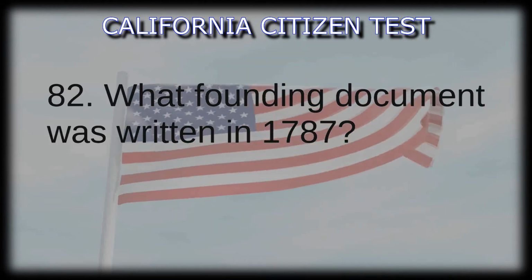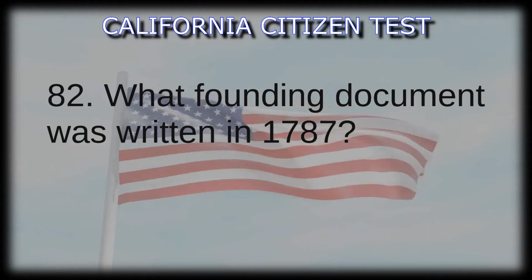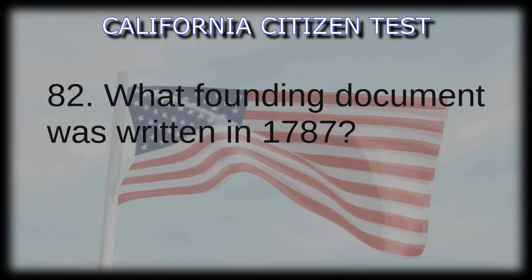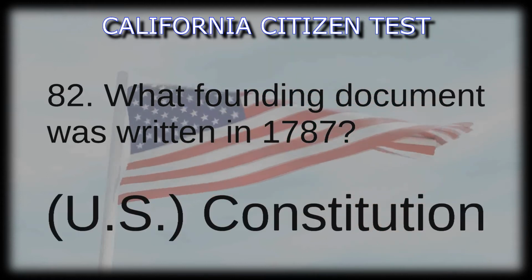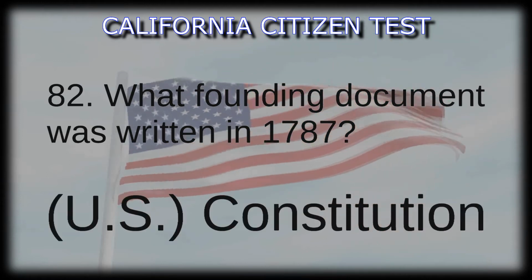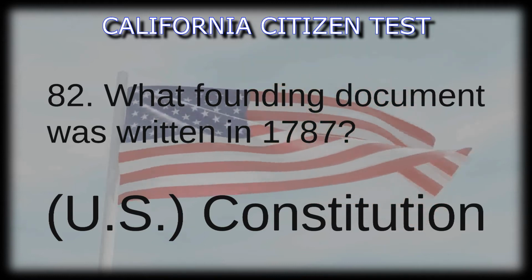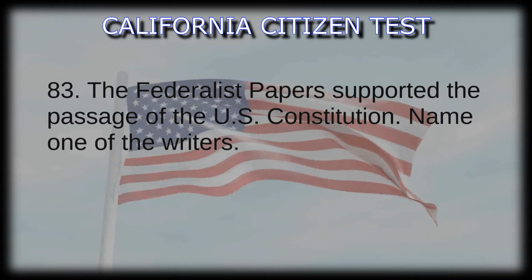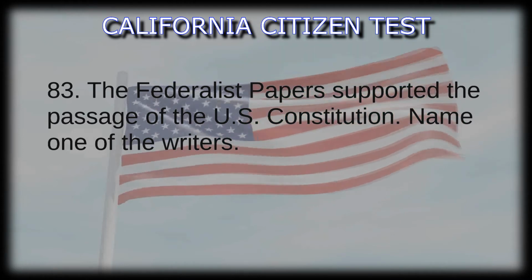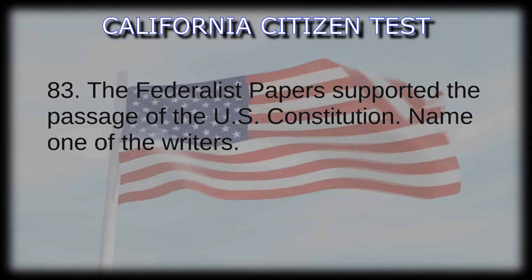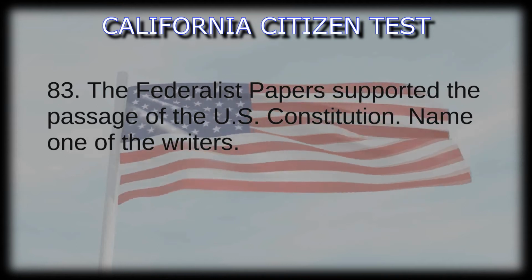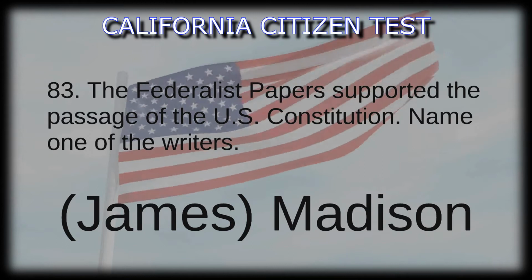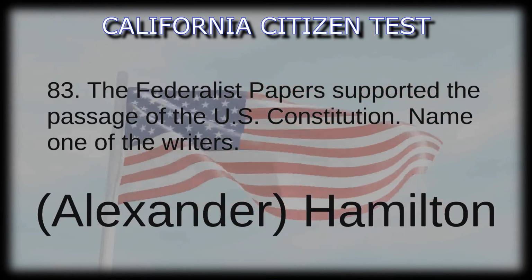82. What founding document was written in 1787? U.S. Constitution. 83. The Federalist Papers supported the passage of the U.S. Constitution. Name one of the writers. James Madison. Alexander Hamilton.